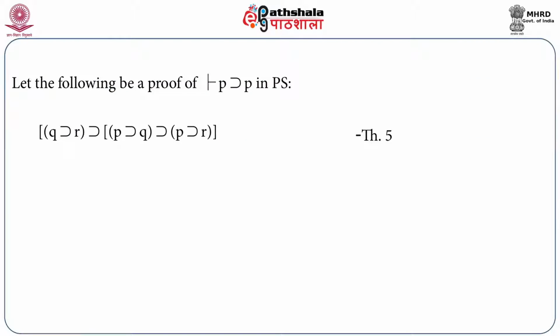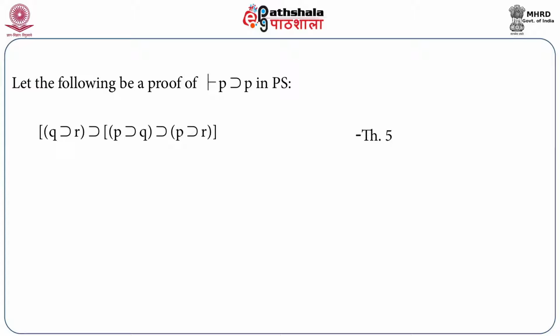Now let us see how this proof can be shortened. So in order to prove this, we will begin by appealing to theorem number 5, which says that if Q implies R, then if P implies Q, then P implies R. We will use this theorem to get the next step by applying the rule of substitution.